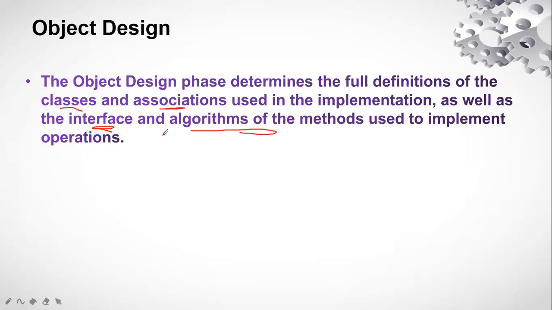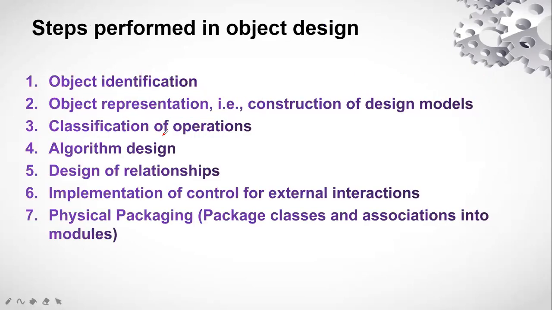Now we have certain steps in the object design part which are performed. What are these steps? There are 7 steps performed in the object design. The first one is called object identification. After this, we have object representation. When we say object representation, we are talking about the construction of the design model, which we have seen.